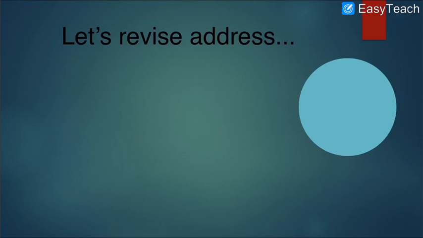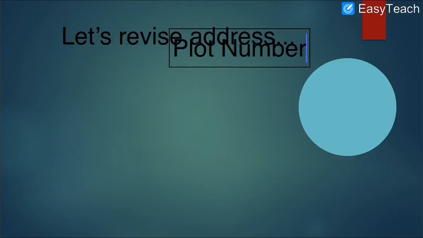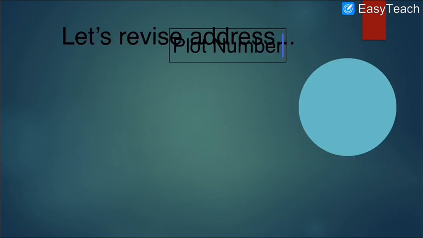So students, let's first revise address. Now in address I taught you that address should be in proper ascending order. Like first you have to write, now here let me write it, either your plot number or the name of your house.